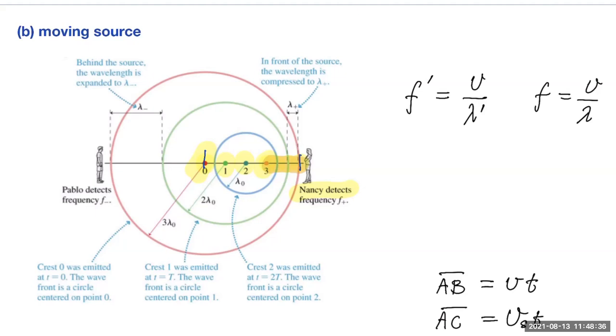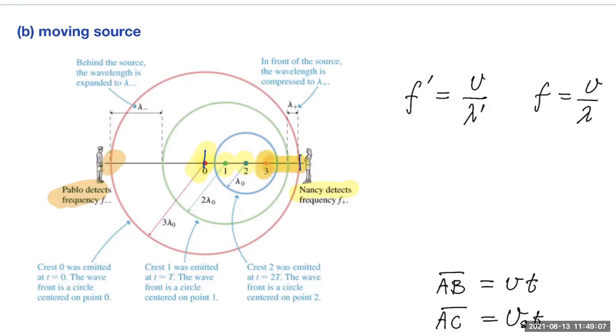Of course, when the observer moves away from the source, you're going to stretch the wavelength. So Pablo, in this diagram, is going to detect a lower frequency than expected, because this time the wavelengths get longer: the first wave he receives is here, but the last wave he receives is not at 0.0 anymore.